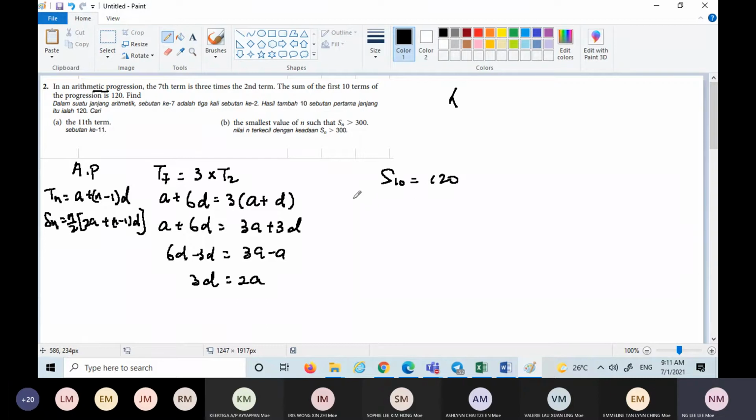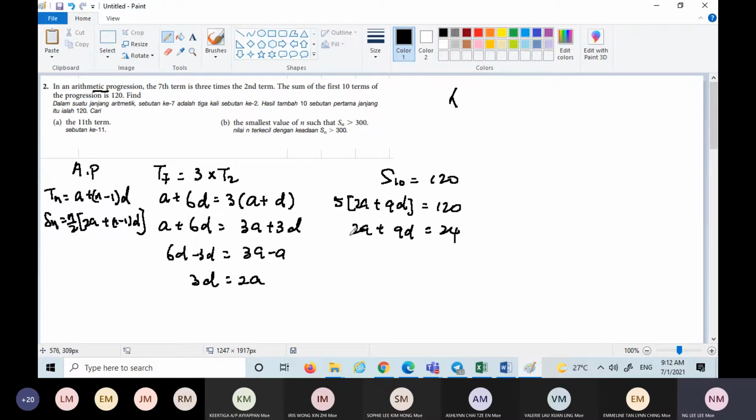So S10, the n is 10. So 10 divided by 2 is 5, times (2A plus 10 minus 1, which is 9D), equals 120. Bring the 5 to the other side: 120 divided by 5 is 24.